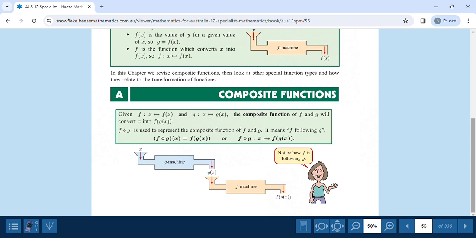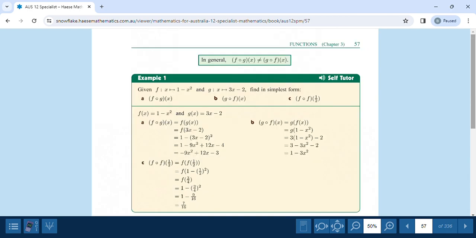And obviously if you had g of f of x, it would be the reverse. You'd have the f machine first in the blue diagram, and then you'd have the g machine following that in the red or orange diagram underneath. So in general, f of g of x, that's just another notation for it, doesn't equal g of f of x.